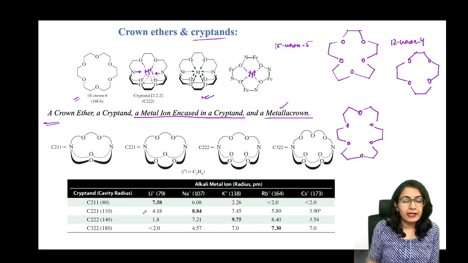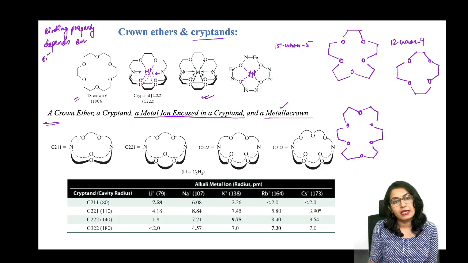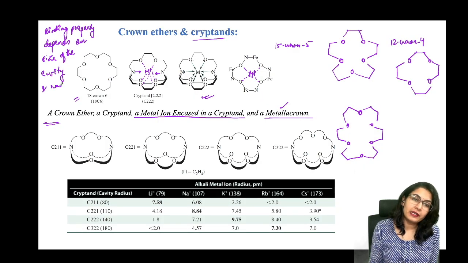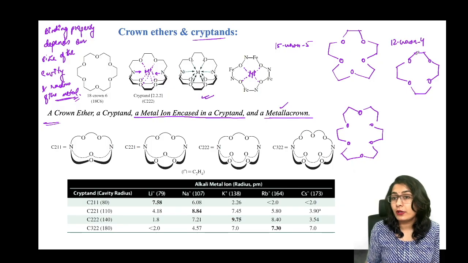Now, what does it depend on? Look, it depends on the binding property of these crown ethers or cryptands. Binding property depends on the size of the cavity and the radius of the metal. So what do you see when I'm talking about 12 crown 4? This is best suited for lithium plus.